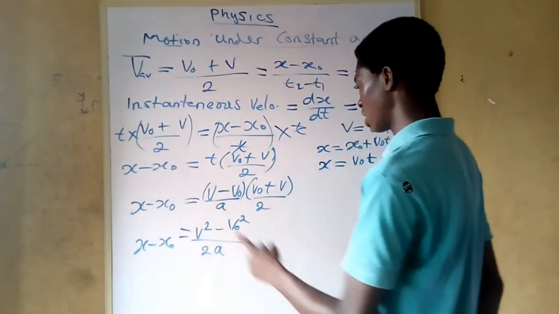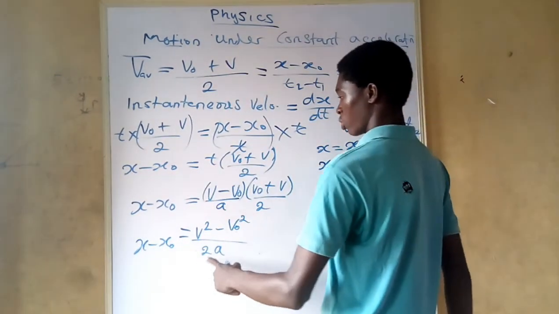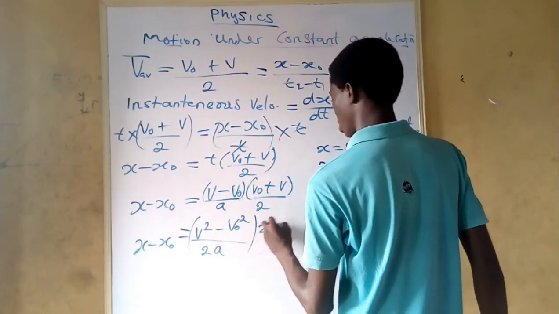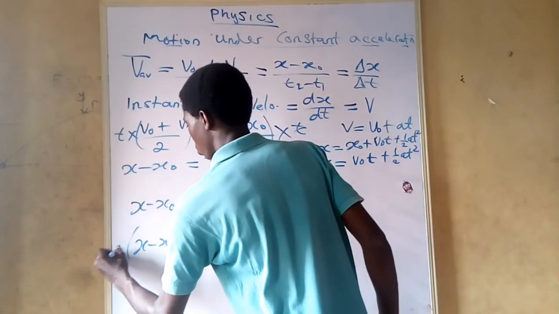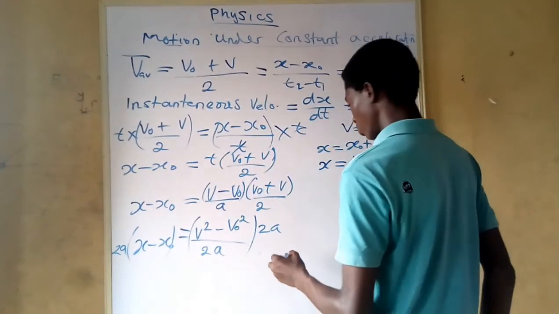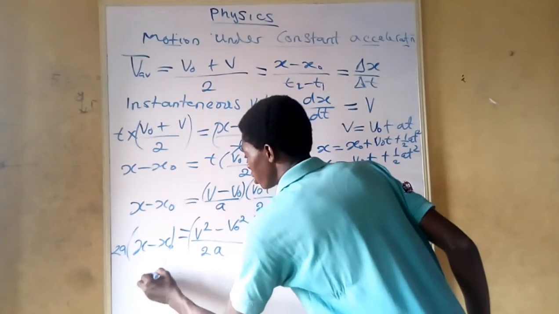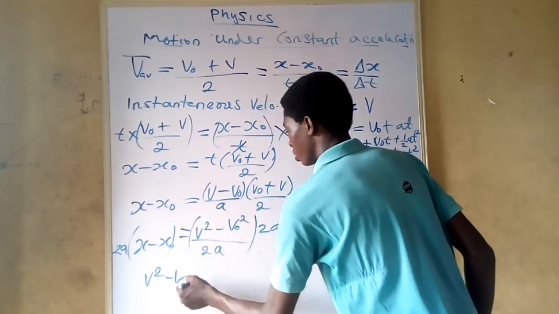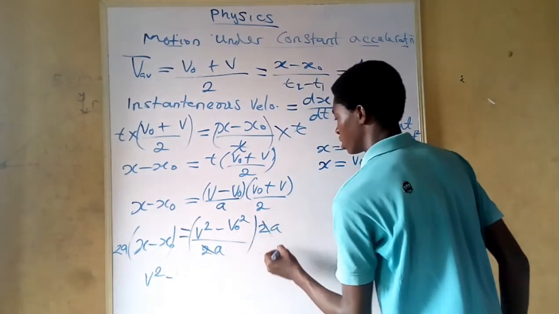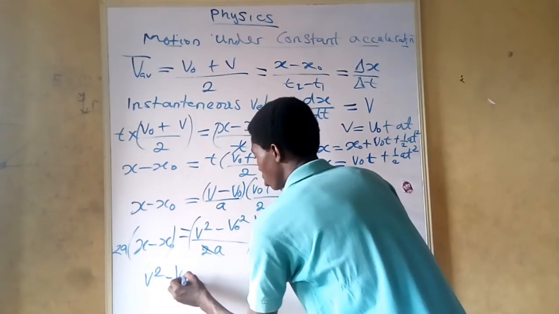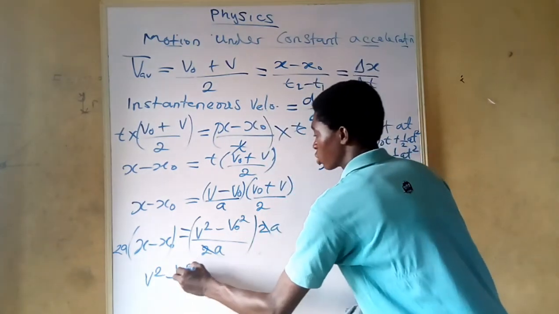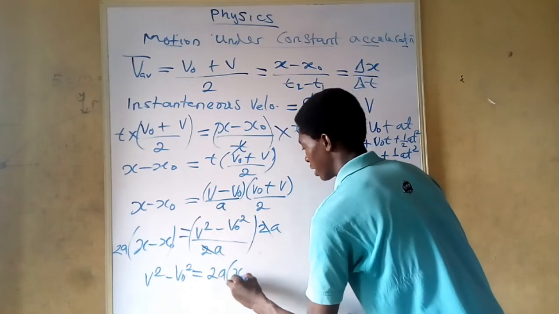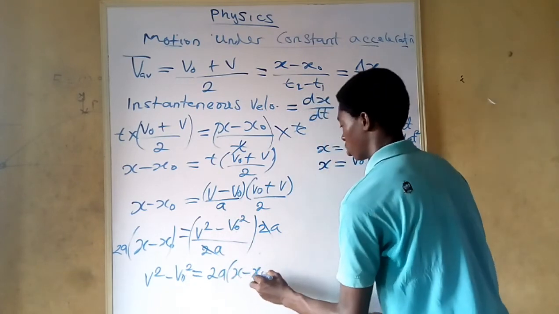So let's just multiply both sides by 2a. Multiply this by 2a and this by 2a. So we have it that V squared minus V naught squared equals 2a into x minus x naught.